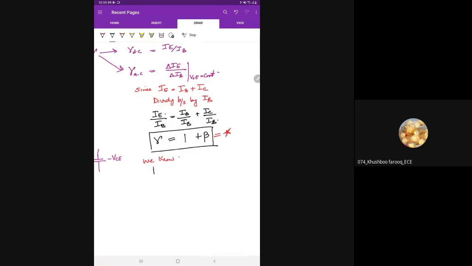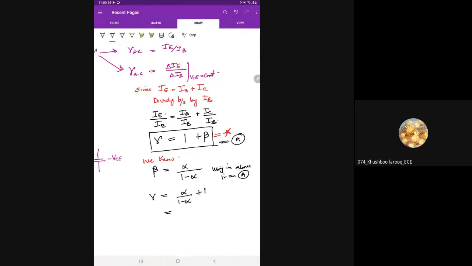What is the relationship of beta and alpha? Beta is equal to alpha divided by 1 minus alpha. Using this equation in the above, ये ऊपर हम use करेंगे, in equation A, we will have gamma is equal to alpha divided by 1 minus alpha plus 1.